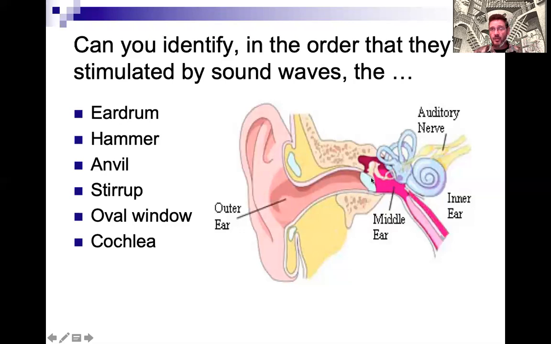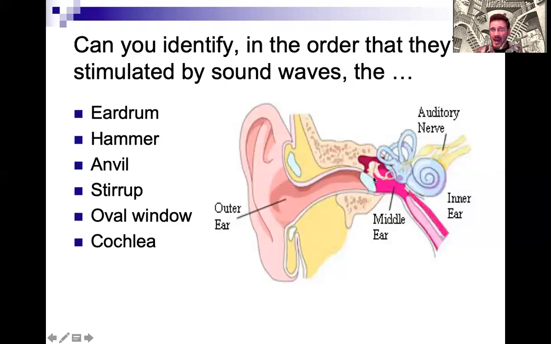Maybe a person has rigidity in their hammer, anvil, and or stirrup, where they're just not wiggling like they're supposed to. Maybe they're not passing on the vibrations like they're supposed to. Well, that's going to lead to hearing loss, because all these tiny parts are supposed to pick up vibrations from our environment and pass those vibrations on to the cochlea.